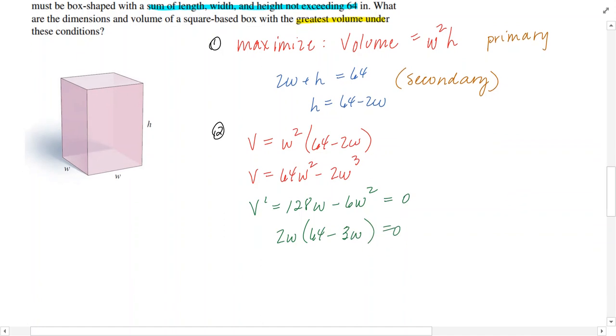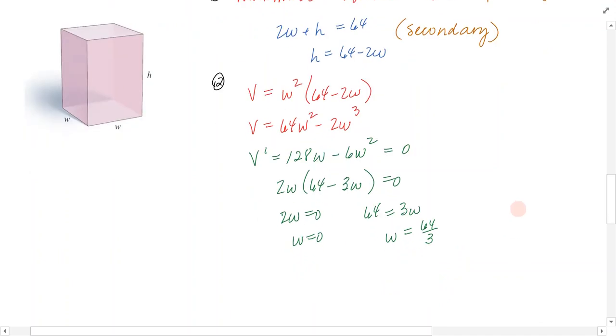We can see that 2W equals 0, or W is equal to 0, for that factor. For the second factor, we would have 64 is equal to 3W, or W is equal to 64 thirds. Now, it would be a good time to point out that W is the width that we're looking at.